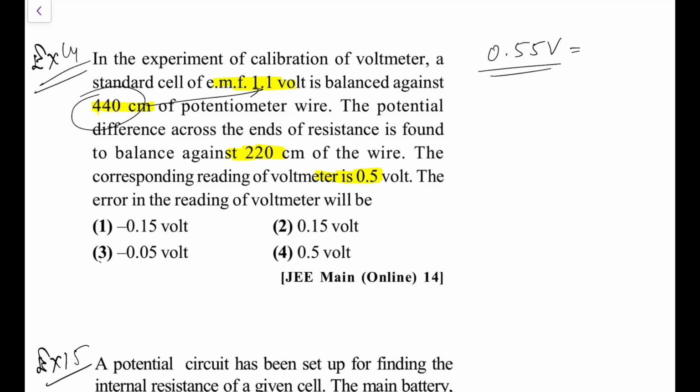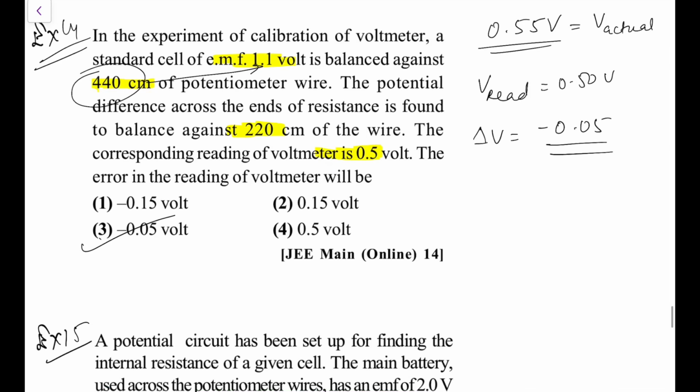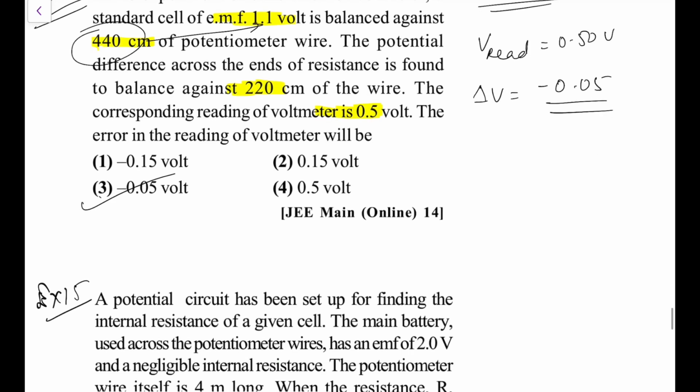So this is the actual voltage, but what is the V read by the voltmeter? It is 0.50 you can take. So the reading in the voltmeter is less by 0.05. It has read lesser, so error is measured value minus true value, that would be minus 0.05 volt. You can directly go for it.